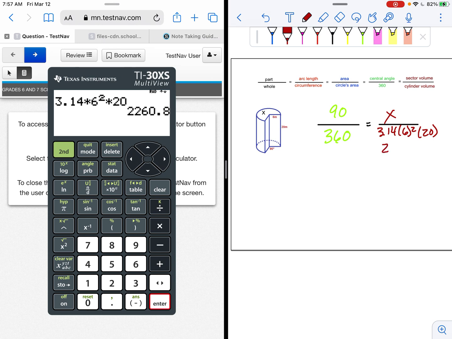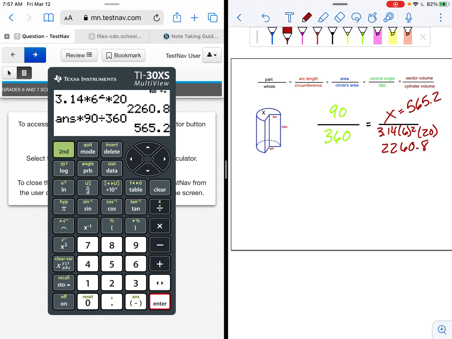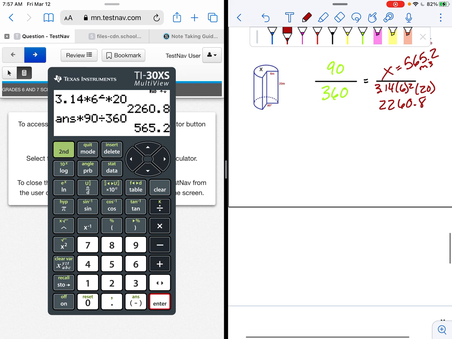So this is 2,260.8. I'm going to cross multiply, divide, so times 90 divided by 360. And so this sector volume is 565.2, and it is meters cubed. Please, please, please make sure you label your volume.